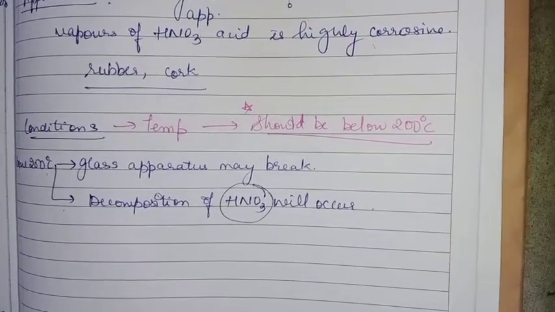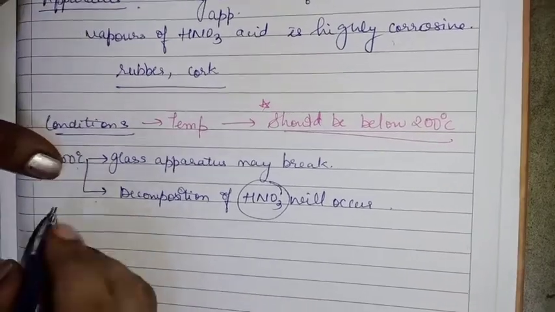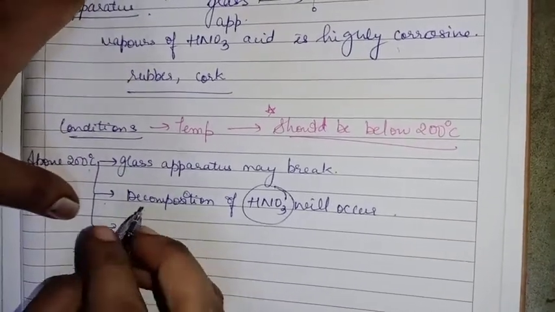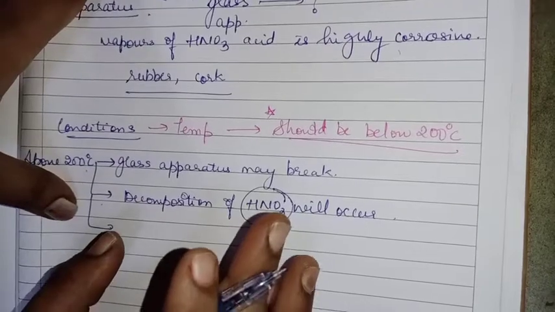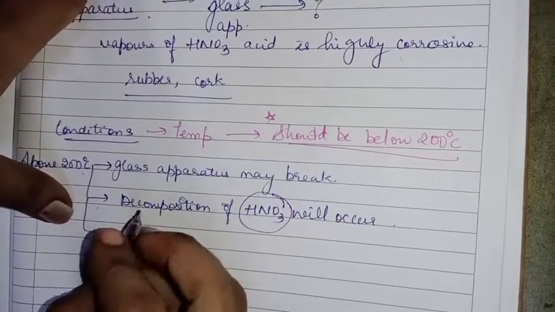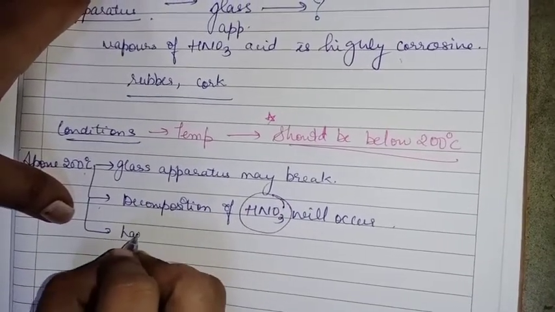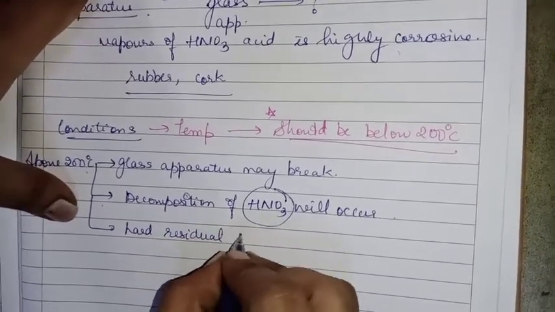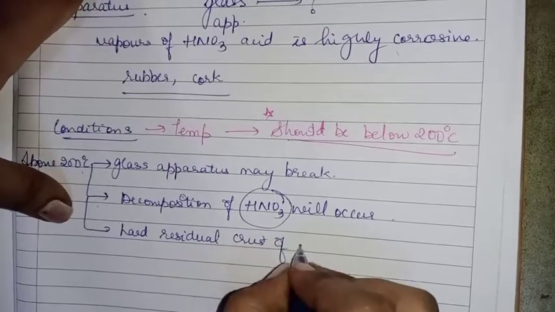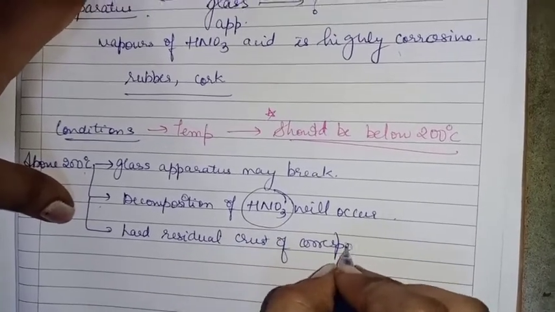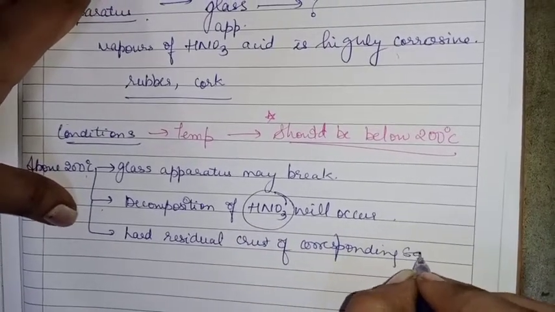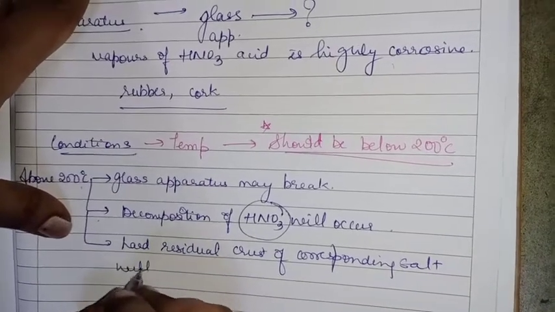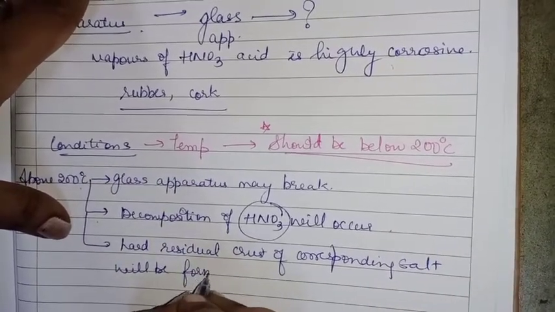So nitric acid will start decomposing. The third thing is that a hard residual crust of the corresponding salt, sodium sulfate or potassium sulfate, will be formed.